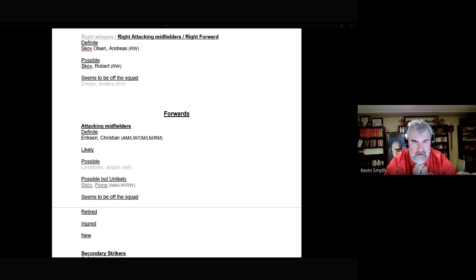has 26 caps and 1 goal for Denmark, and is 27 years old, and plays for Midfield in Denmark since 2020, and was with Celta de Vigo in Spain from 2016 to 20. So he was part of the World Cup squad in 2018.